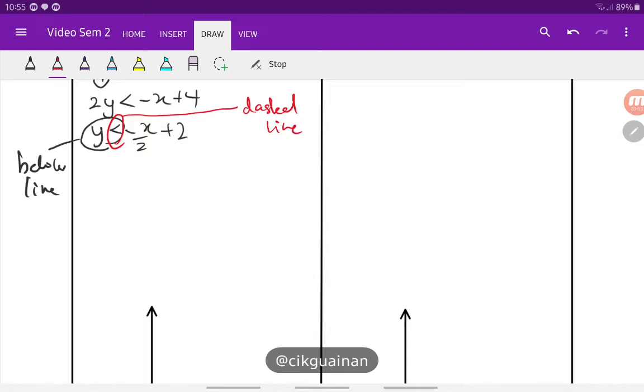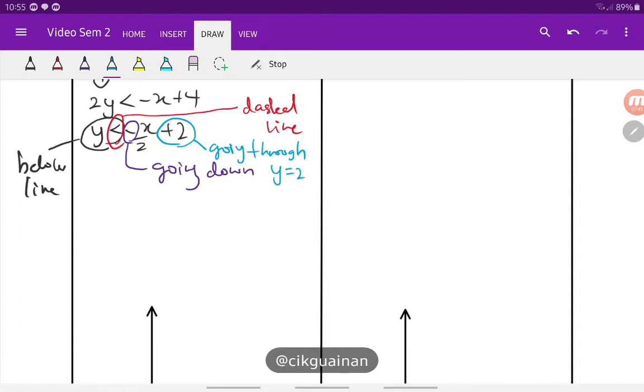Now, what kind of line do we have? The minus in front of x means going down, and then plus 2 means going through y equals 2.